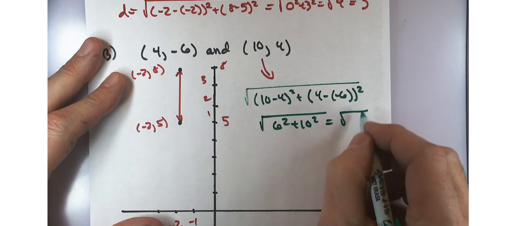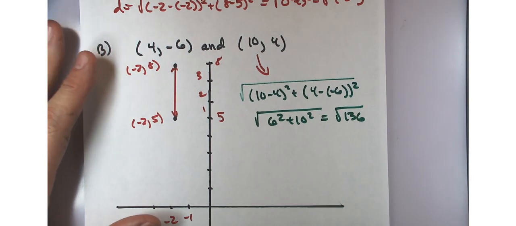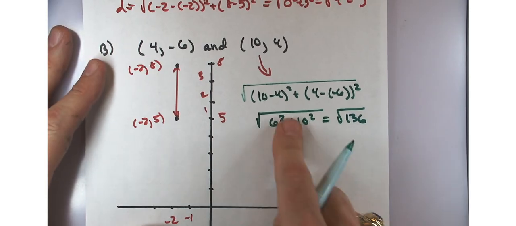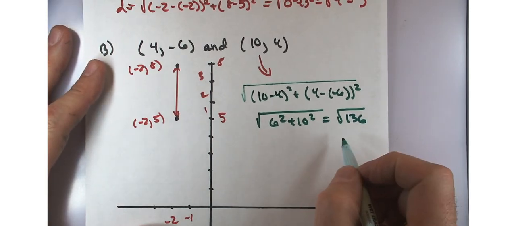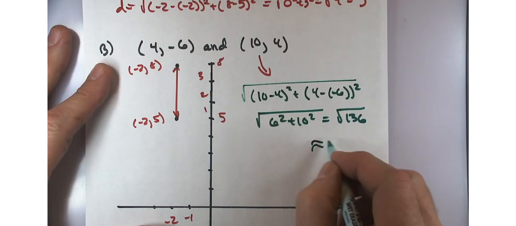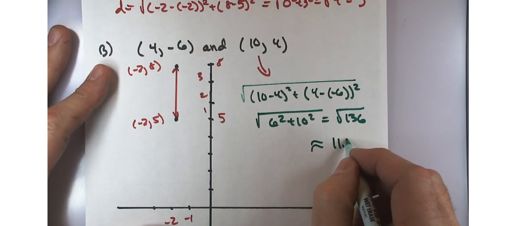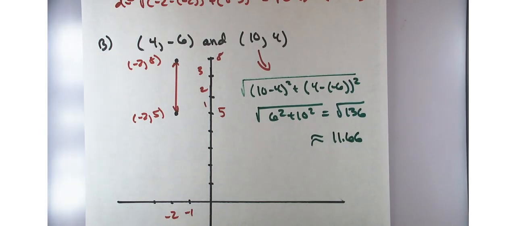Yeah, I guess this one didn't work out even, did it? 36 and 100, square root of 136. Should be a little bit less than 12, I think, right? What are we getting for that one? 11.66. Okay, 11.66. Nice. Are you feeling comfortable with the distance formula?